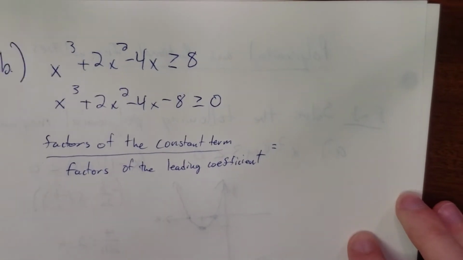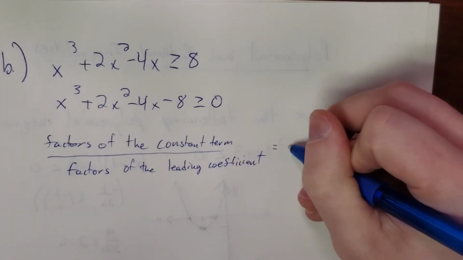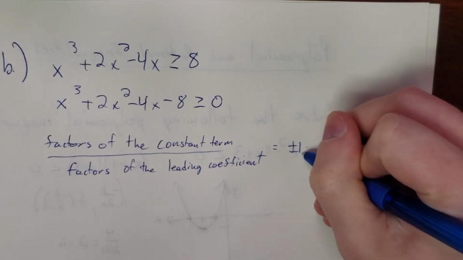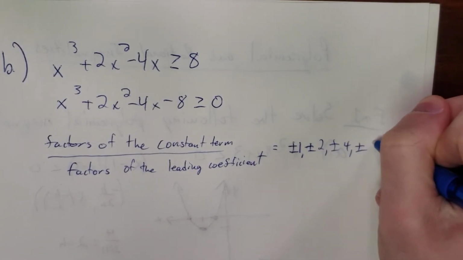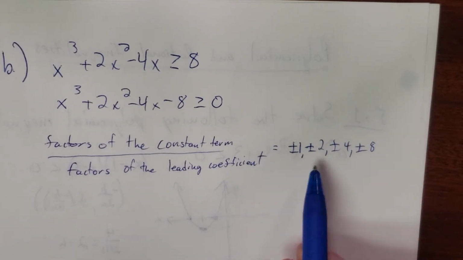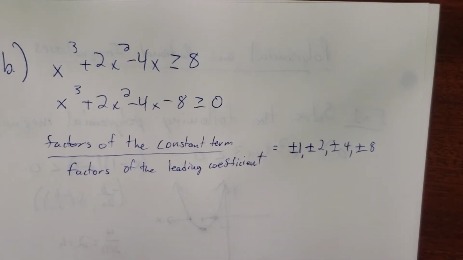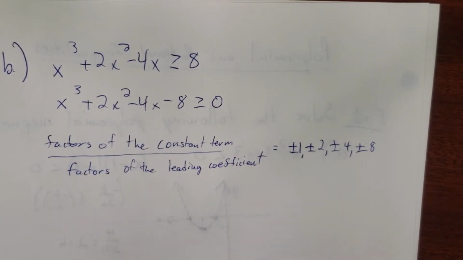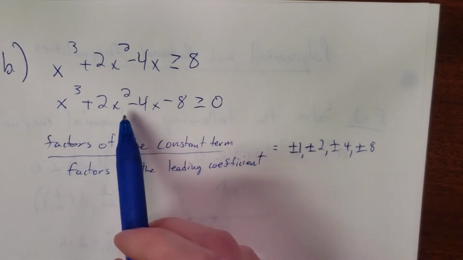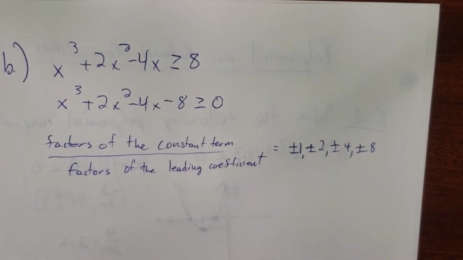And we can find that this is plus or minus 1, plus or minus 2, plus or minus 4, and plus or minus 8. All of these together are the possible rational zeros of this polynomial.